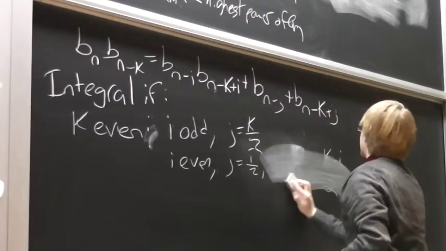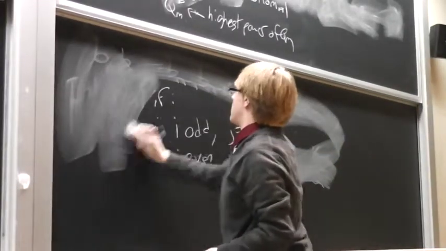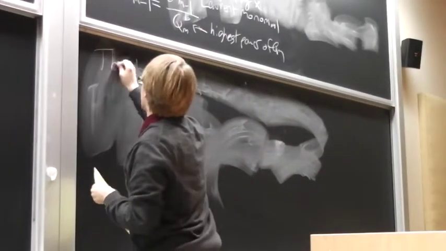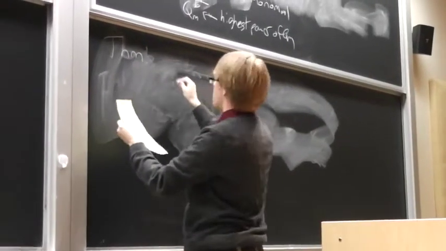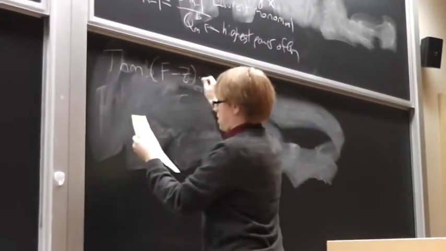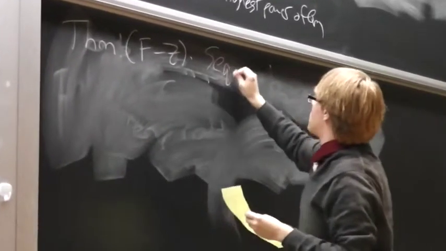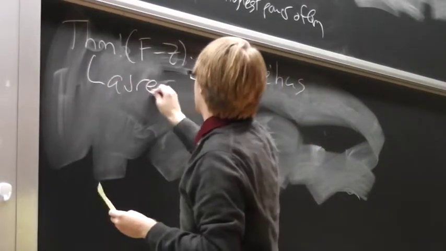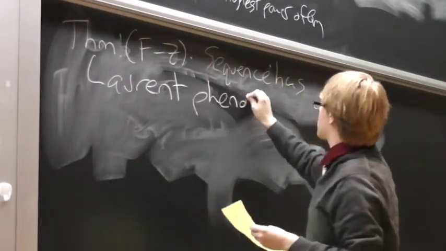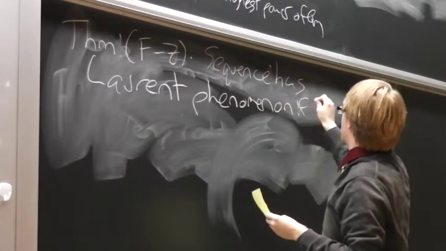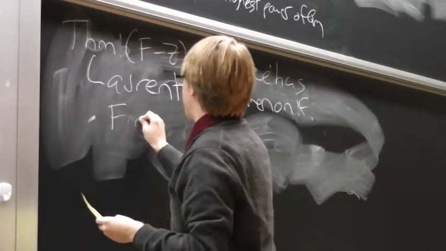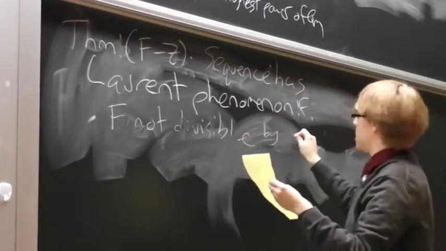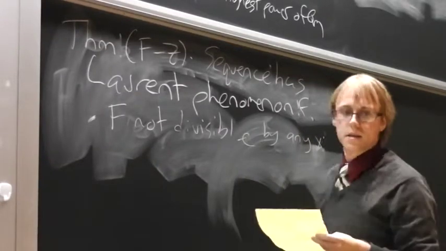And then the punchline is the theorem of Fomin and Zelevinsky: our sequence has the Laurent phenomenon if the following holds. f is not divisible by any x i, and that's easy enough to check.